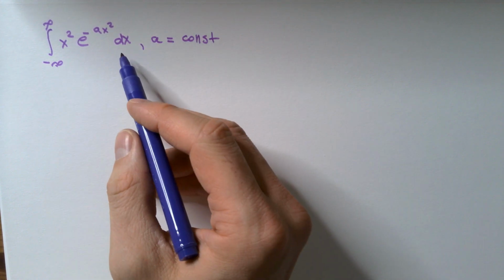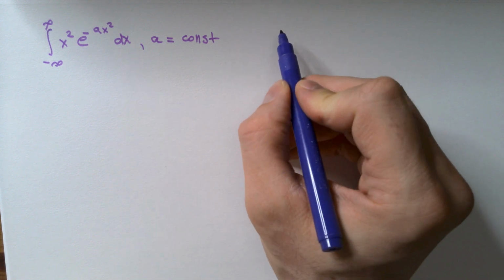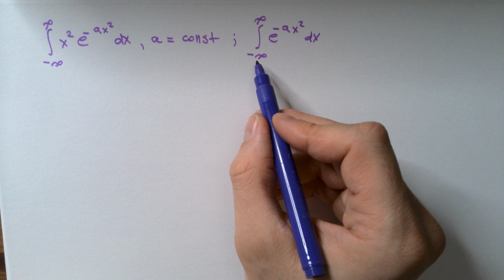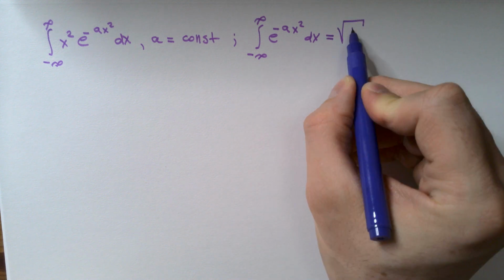Before we do anything with this integral, kindly recall from my previous video that the integral from negative infinity to positive infinity of e to the negative ax squared dx is the so-called Gaussian integral, and we analytically solved it to have the solution that is the square root of pi over a.